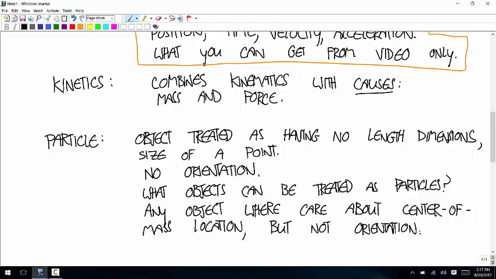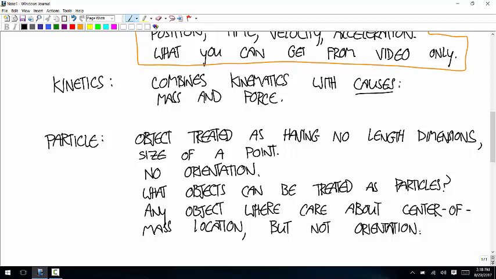One example of something gigantic that people often treat as a particle is a planet or even a star when people are doing calculations that have to do with planetary motion. People are usually just concerned about where a planet is in its path, and they don't care about which direction this part of it is facing, because they're only concerned about its gravitational pull.